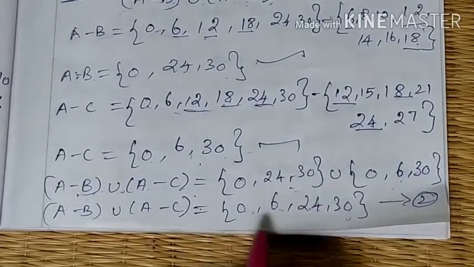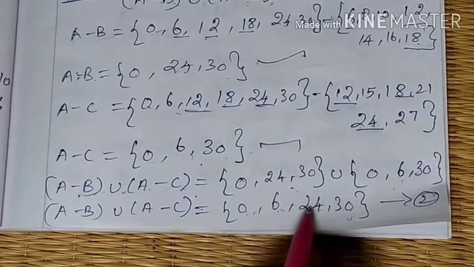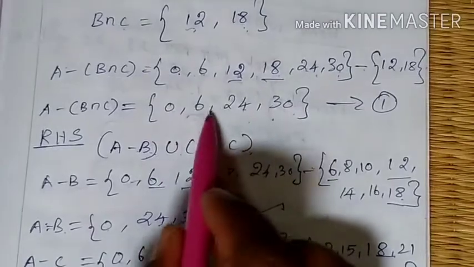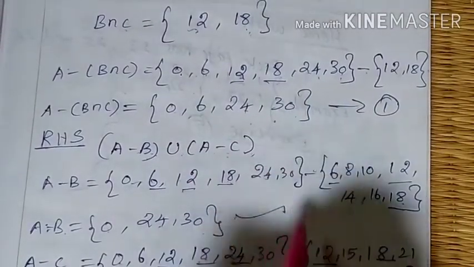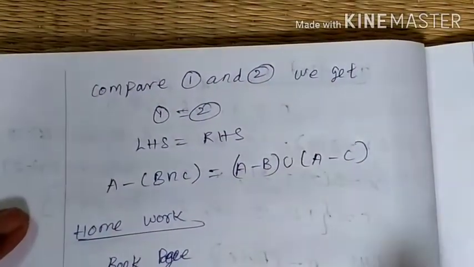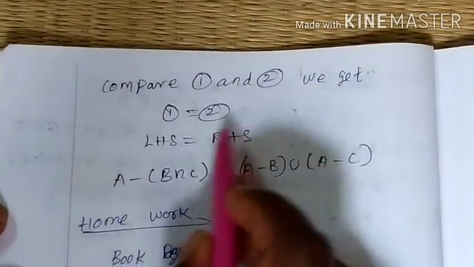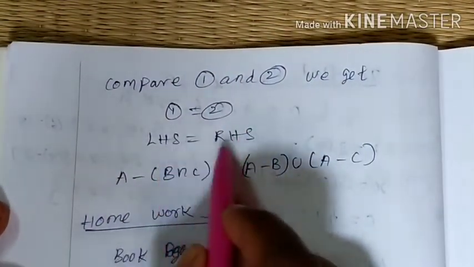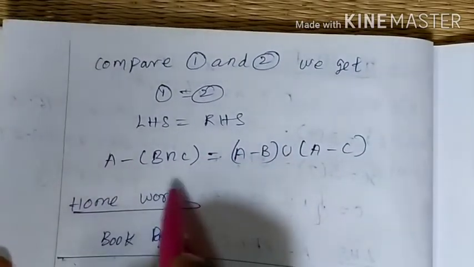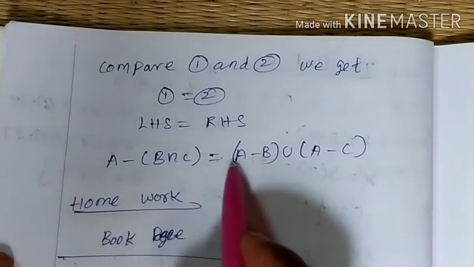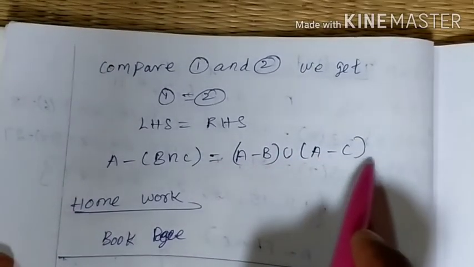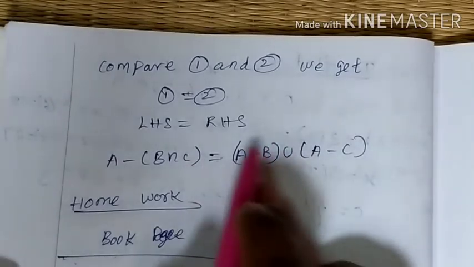Number 2, consider these two: 0, 6, 24, 30 and 0, 6, 24, 30. So from 1 and 2, comparing 1 and 2, we get 1 equal to 2. LHS equal to RHS. So finally we get the result A difference (B intersection C) equal to (A difference B) union (A difference C). Okay, have you understood?